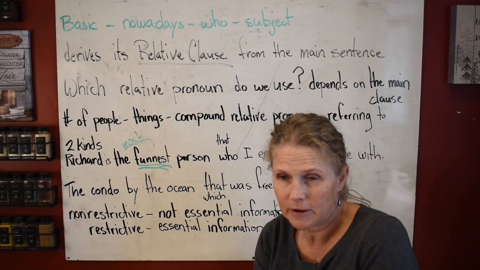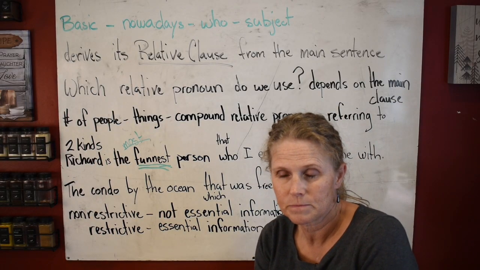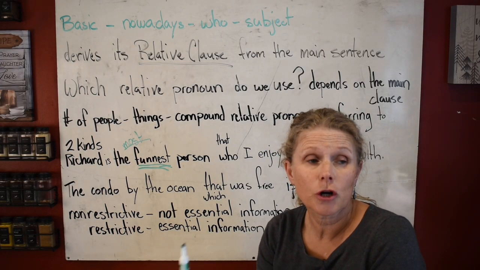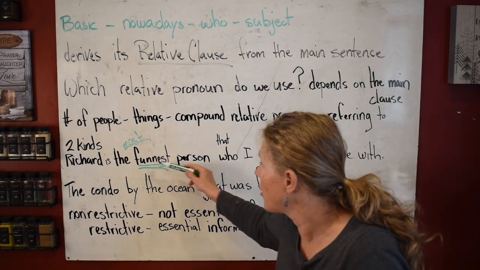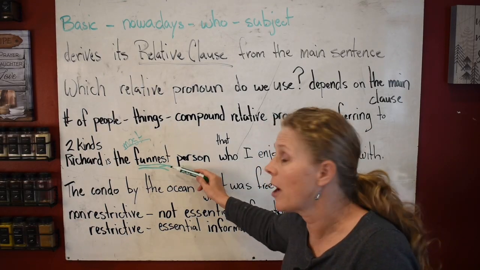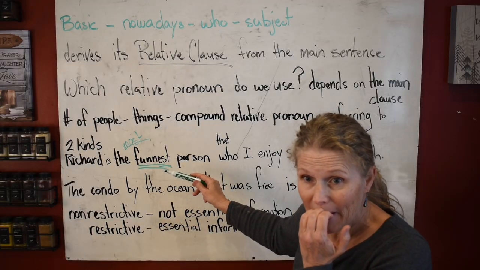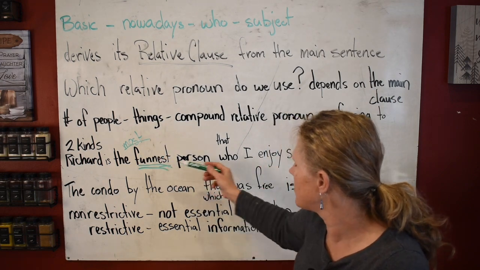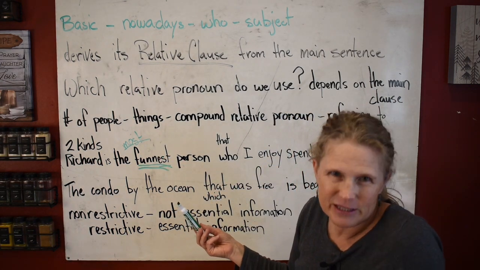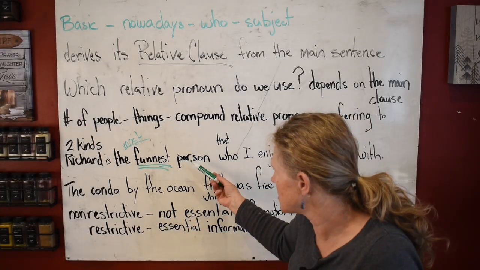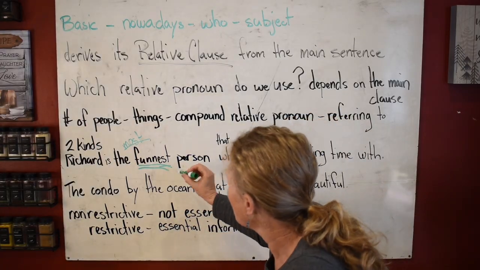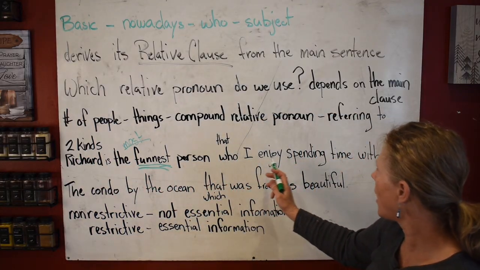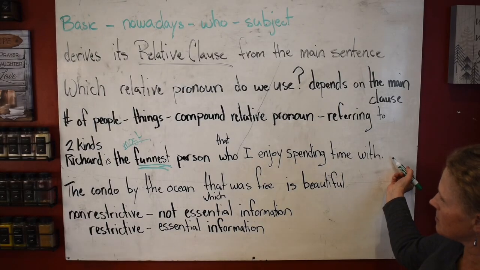What's comparative? More, like funner, more fun. So remember what those are. Richard is more fun person. See how that doesn't even sound right in this sentence. You would have to change it up. So I wanted to just use Richard is the funnest person who I enjoy spending time with.